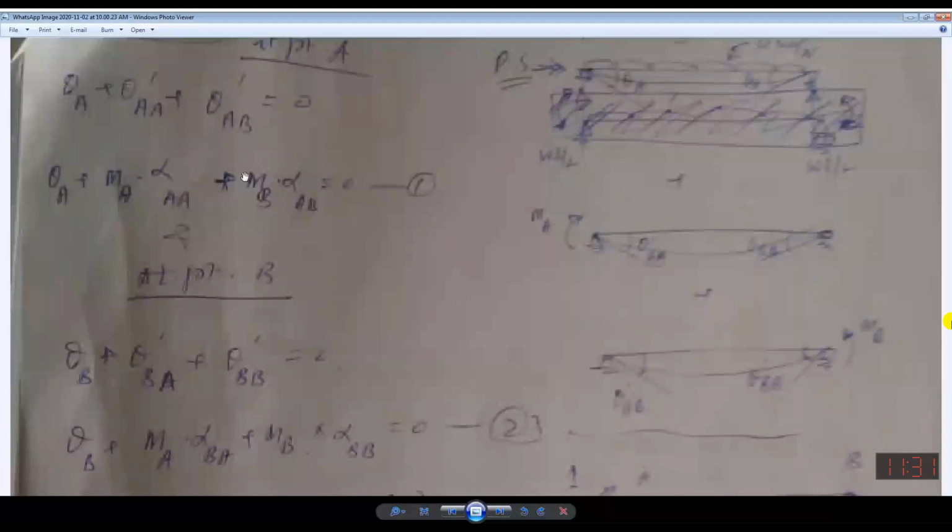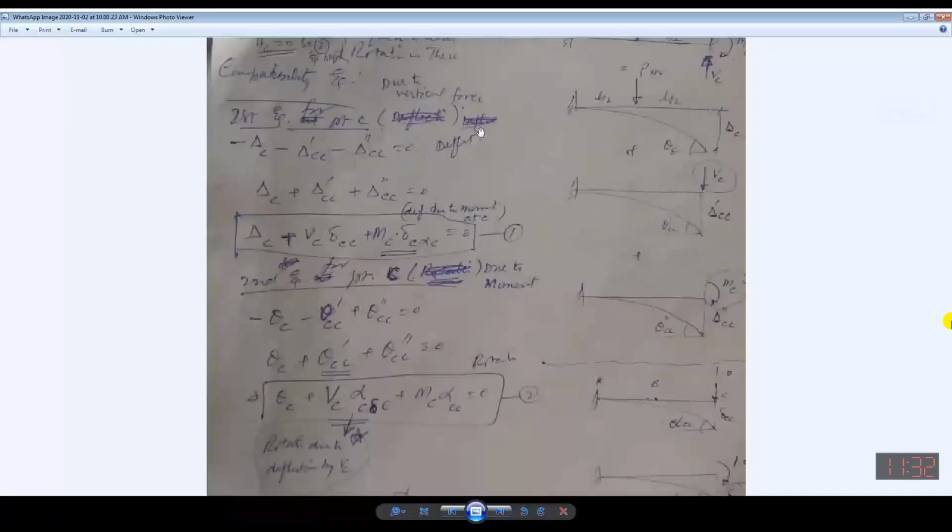So this is for the case when you have considered two moments as redundant. Now there comes another case where force and moment have been considered simultaneously, force and displacement.